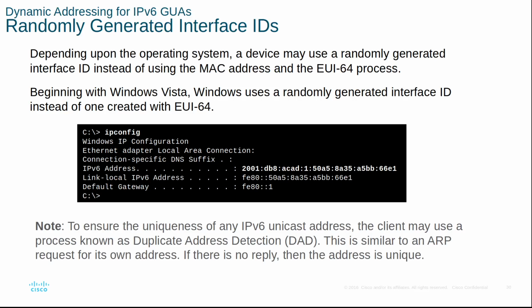So it uses a process known as DAD, Duplicate Address Detection. It's kind of like ARP. It sends an ARP request, sort of, for its own address. And if it doesn't get a reply, it knows it's unique. If it does get a reply, then it throws it away and generates a new one. Hopefully that makes sense.